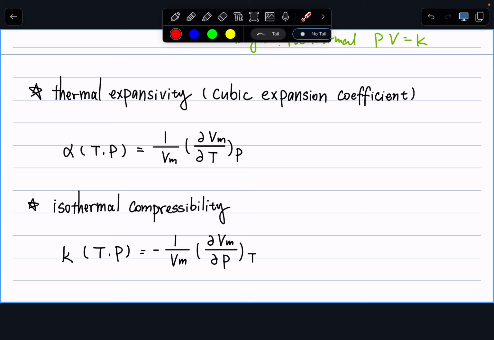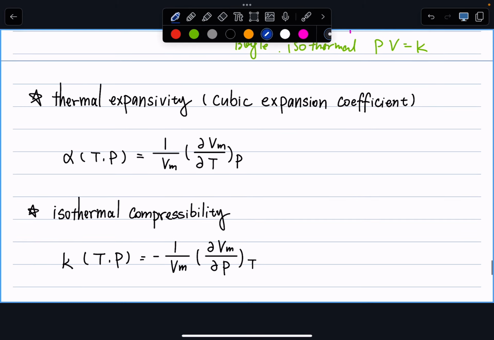At the same time, we define chi, or kappa, the isothermal compressibility. Chi, which is a function of temperature and pressure, is defined as negative 1 over Vm times the partial derivative of volume over pressure at constant T. It looks very complicated, and it can be complicated too, but for an ideal gas, let's look at what exactly is the unit or dimensionality of alpha and kappa.